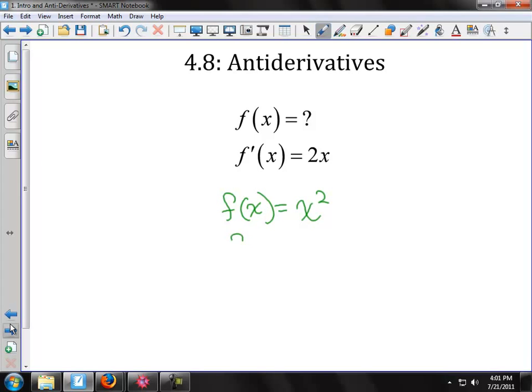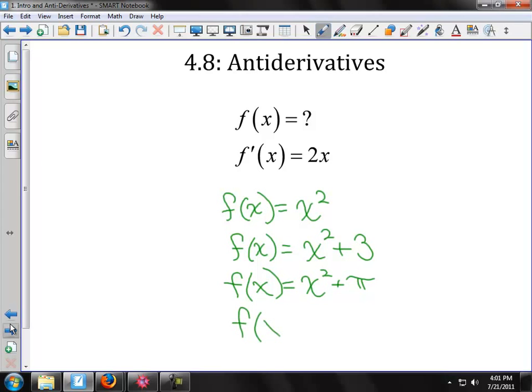What if I said f of x was x squared plus 3? What would that derivative be? It would be 2x plus 0. So it's still 2x, right? What if I said f of x was x squared plus pi? Or f of x was x squared minus the square root of 182.